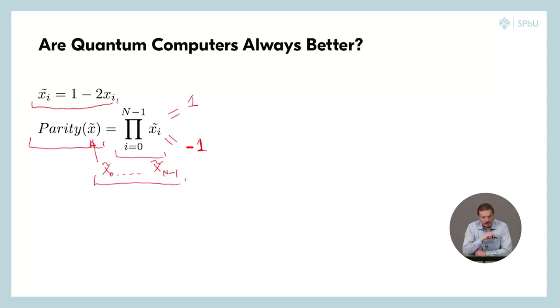So the question is, if we have a function which maps n-bit integers to 1 bit, and this function is implemented as an oracle, as a black box, how much would it cost us to compute its parity? In the classical case, the answer is obvious.